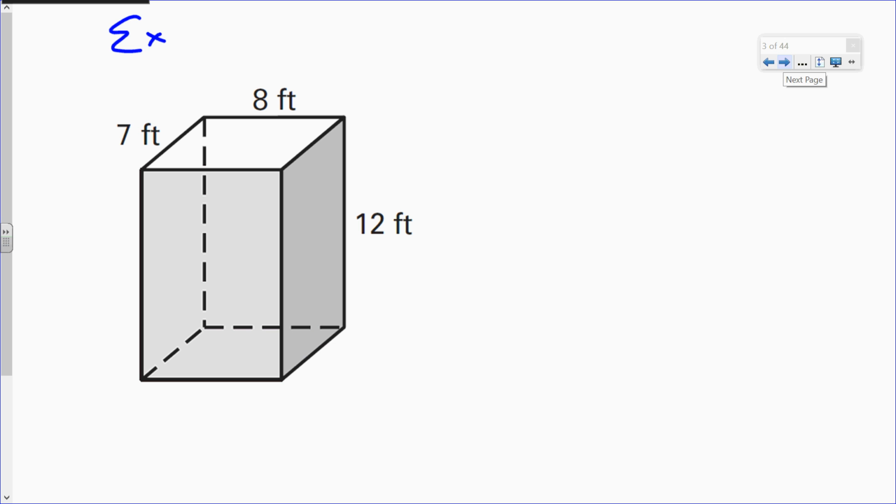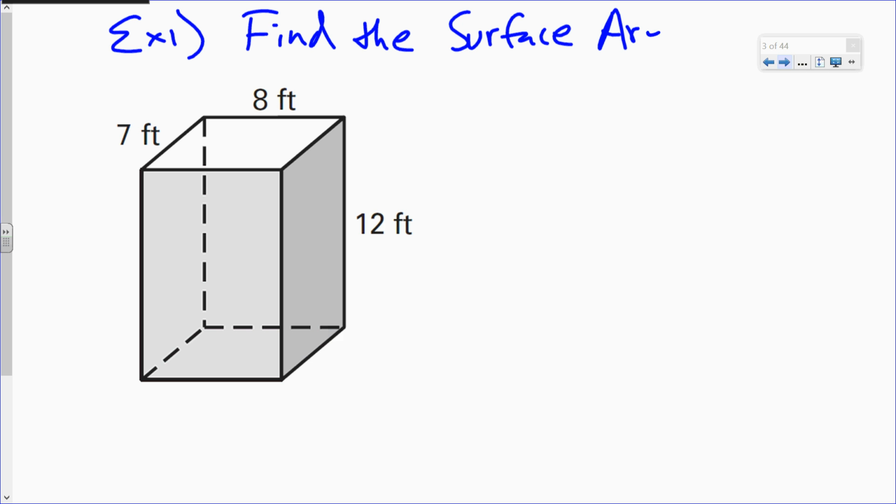All right, example 1. Find the surface area. I trust you can draw that prism. See if you can do it. We're going to only do one example when we're done with our notes. We're going to do this one example, and that's it. Find the surface area.